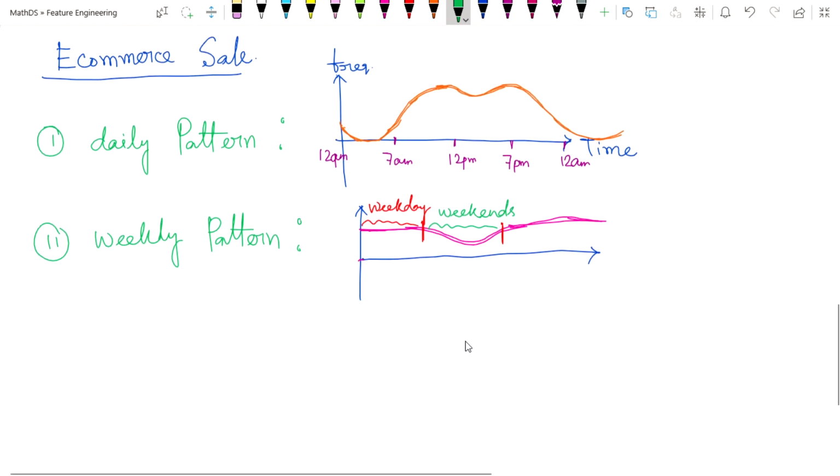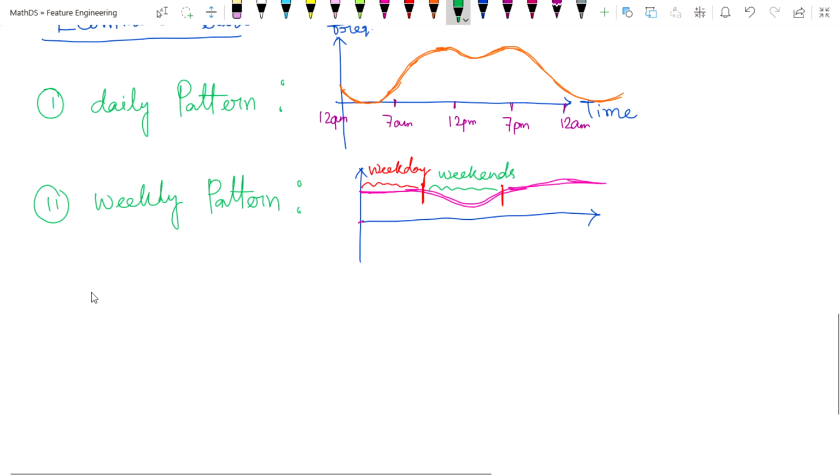If you see it like that, and if you see these things in a monthly pattern, sorry, an annual based pattern, then this kind of picture is seen.